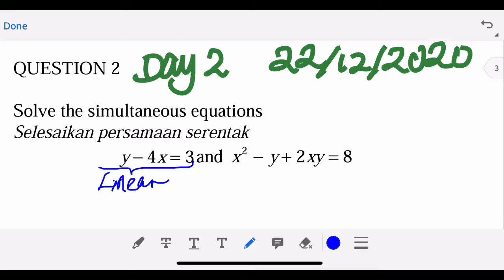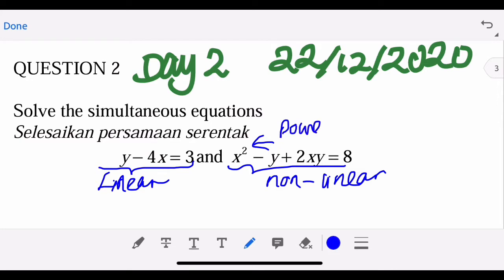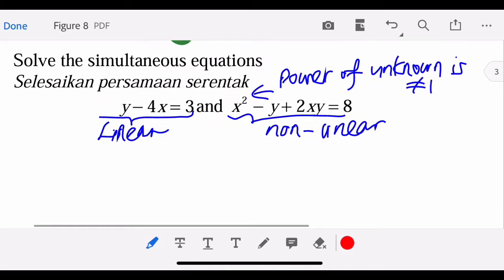As I explained to you, linear equation, the power of unknown is 1, and this is the non-linear equation whereby the power of the unknown is 2 here. Alright, and you have the x times y. It shows that the unknown is not having the power 1, so we call as non-linear equation.